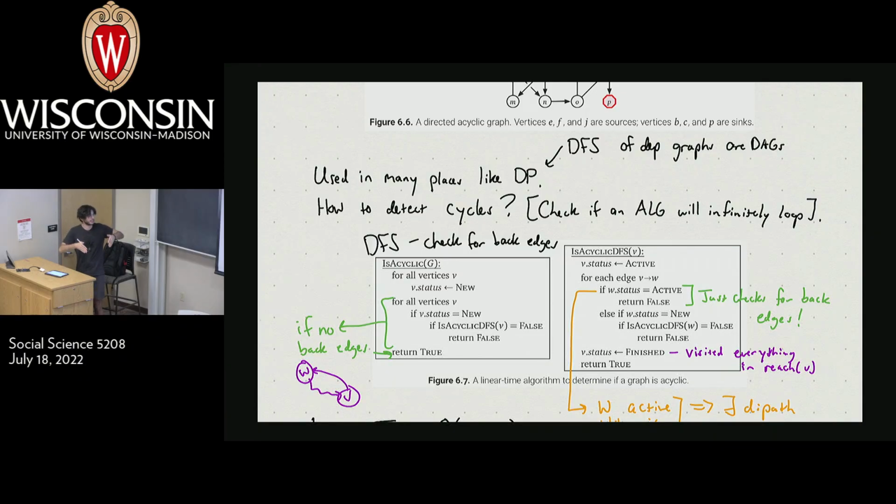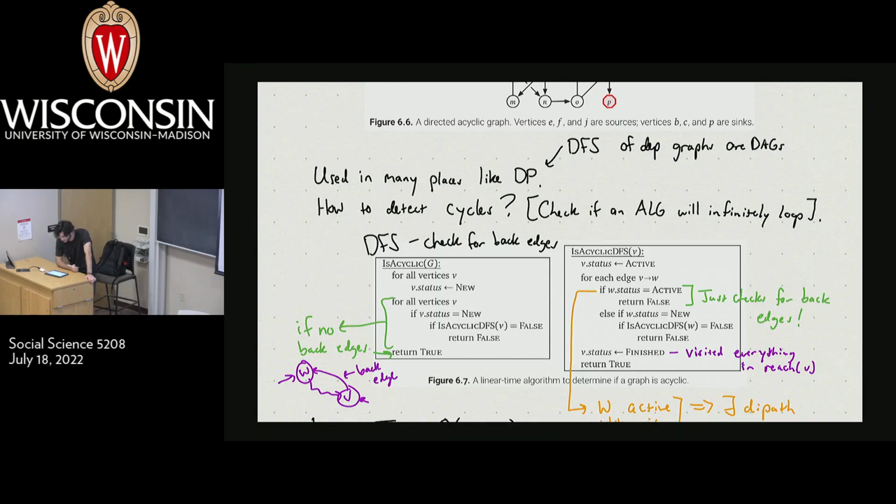We're currently in a recursive call that came from DFS of W. And now we found an edge that goes back to W. So W is active, which means we're currently visiting it in a sense. And now we found this edge from V back to W. So that's going to form a cycle. In other words, this edge is a back edge.